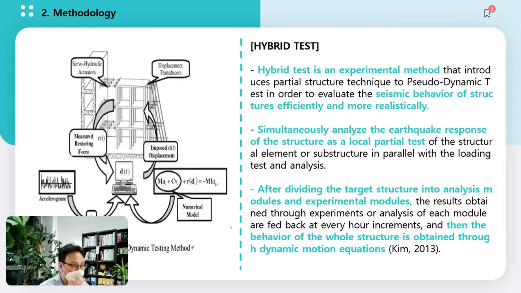The picture on the left is the fast dynamic testing method. Hybrid testing is an experimental method that introduces substructure technique in fast dynamic testing to evaluate the seismic behavior of the structure efficiently and more realistically.